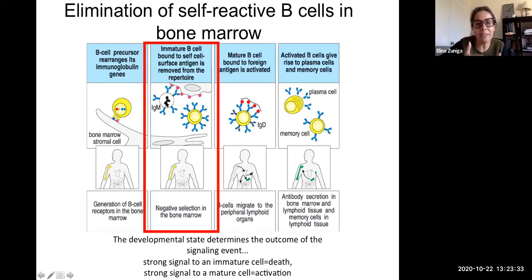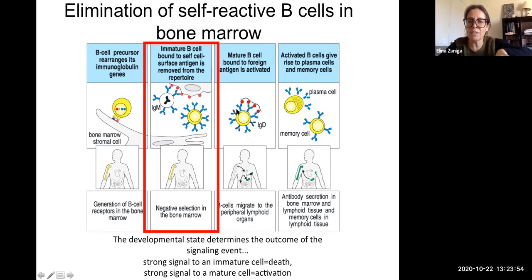That's an interesting contrast with what happens to a mature B cell that is now in the periphery, that expresses IgD and IgM, has matured, and circulates in the secondary lymphoid tissues in search of its antigen.